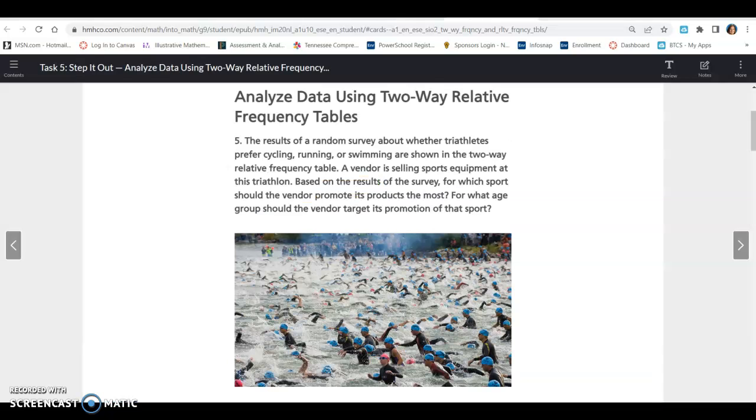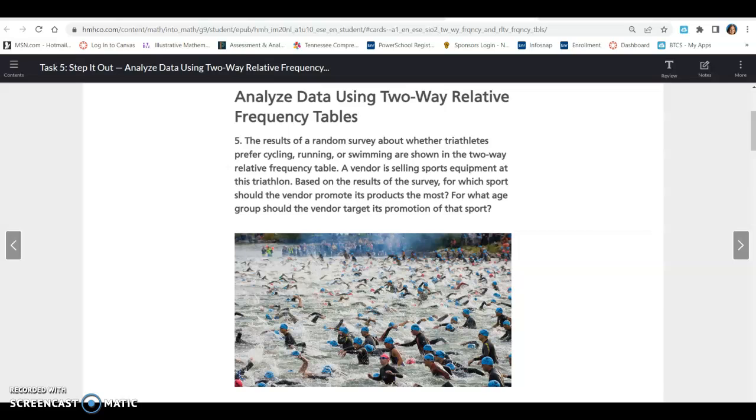Lesson 21.1, Task 5. Analyze data using two-way relative frequency tables. The results of a random survey about whether triathletes prefer cycling, running, or swimming are shown in the two-way relative frequency table. A vendor is selling sports equipment at this triathlon.